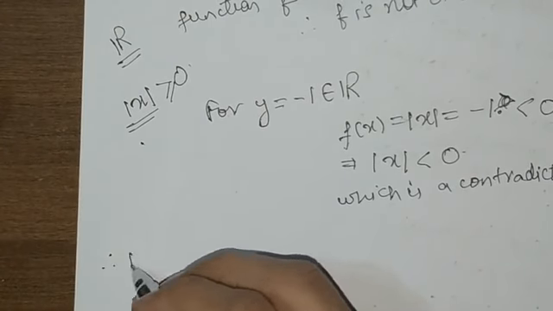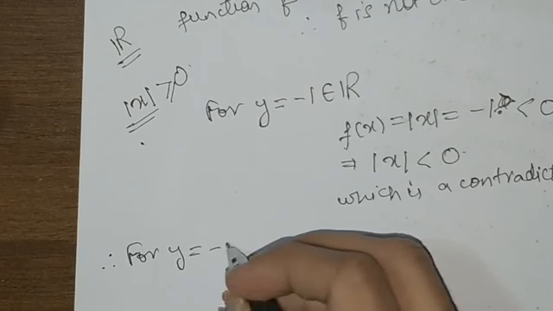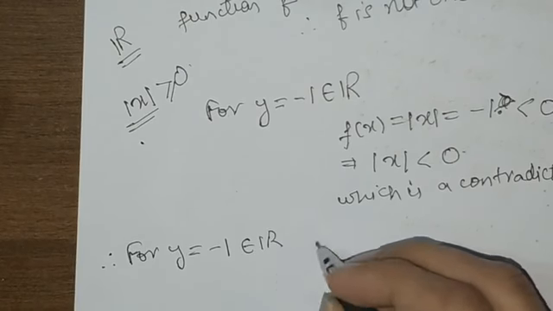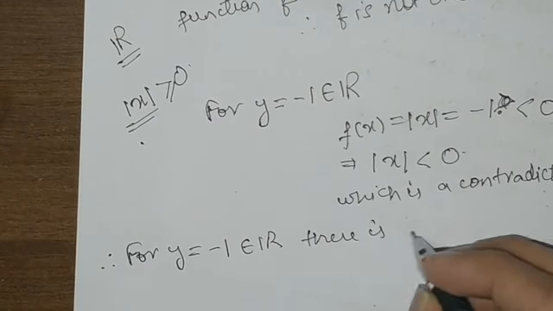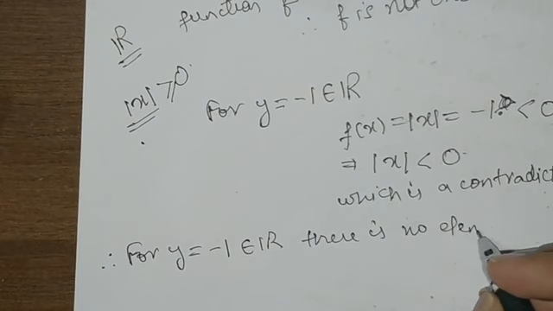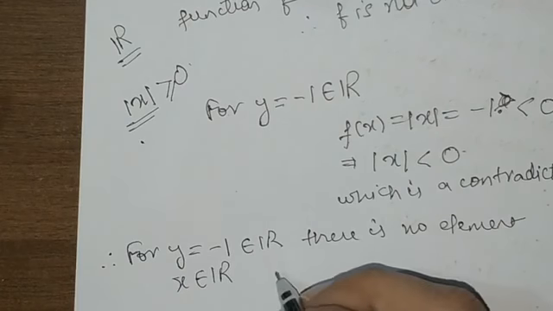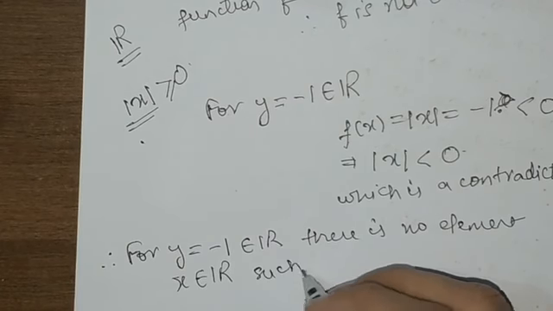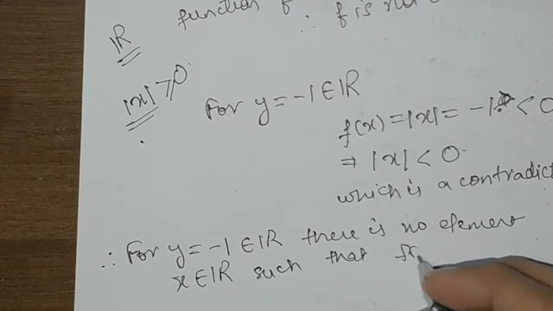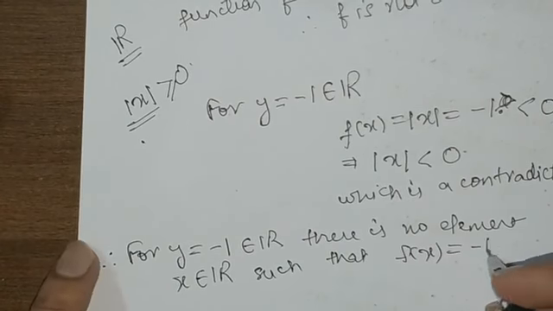So therefore for y equal to minus 1 belonging to R, there is no element x belonging to the domain, which is R, such that f(x) is equal to minus 1.